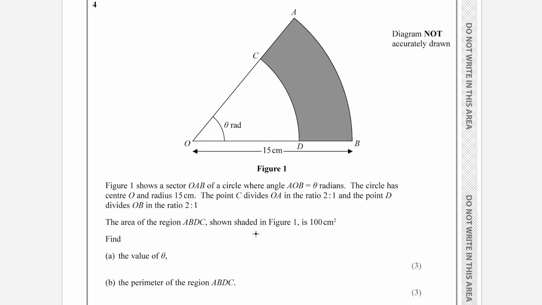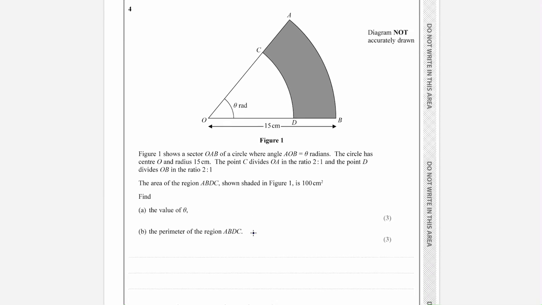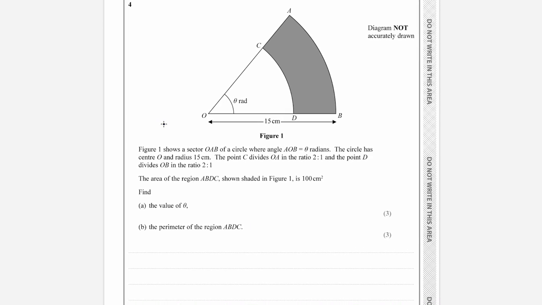That is question 3. Next, question 4. Okay, I think, guys, I'm going to have to zoom out a bit. Figure 1 shows a sector. The circle has center O. Point C divides OA in the ratio 2 to 1, and the point D divides OB in the ratio 2 to 1.